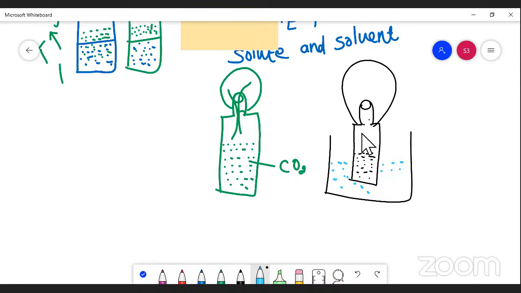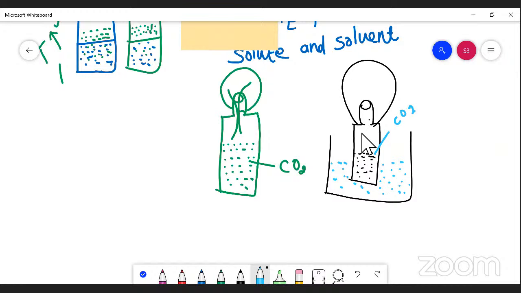Or otherwise we heat it; by heating, the temperature only increases. I am saying that if we do it in hot water, what happens? This is an ordinary thing: here also carbon dioxide will go away.